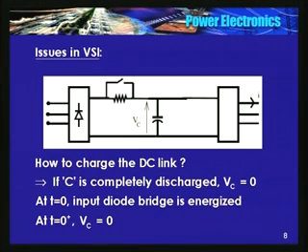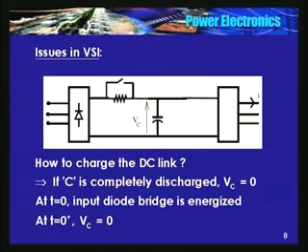So therefore I need to regulate or control the charging current, or control the rate at which the capacitor is charging. So how do I do this? There are two ways. Either you connect a resistor in the DC link, okay, or you connect a large inductor. Now if I connect a resistor and leave it permanently, there are going to be I2R losses.